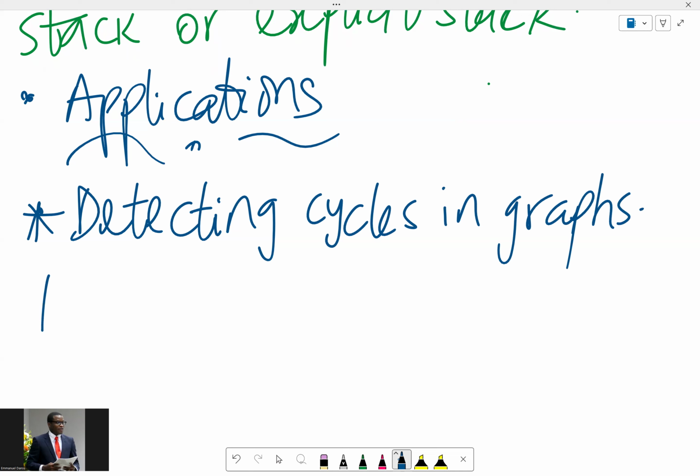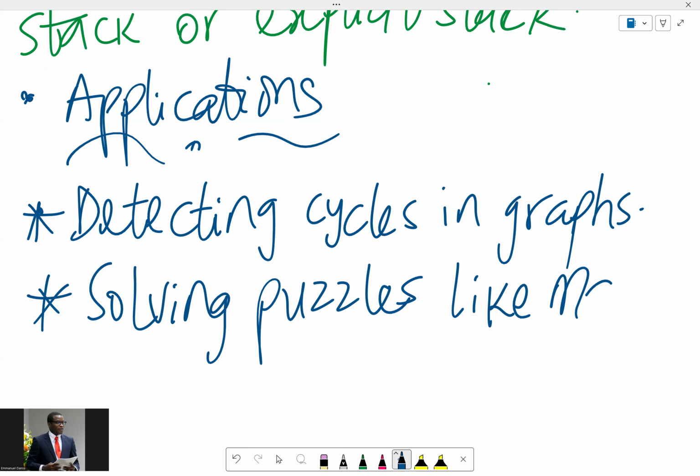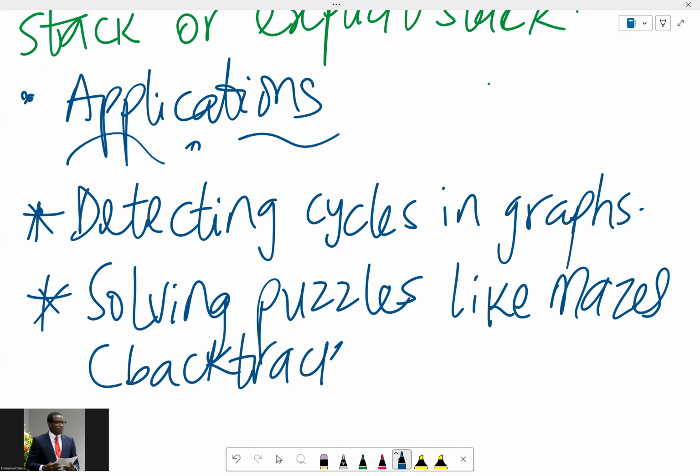It's also good for solving puzzles like mazes, because of the idea of backtracking.